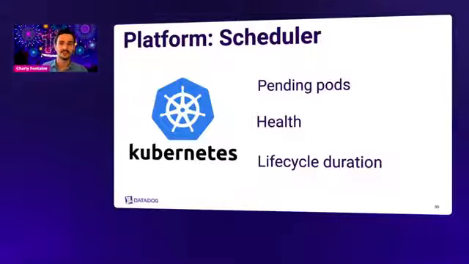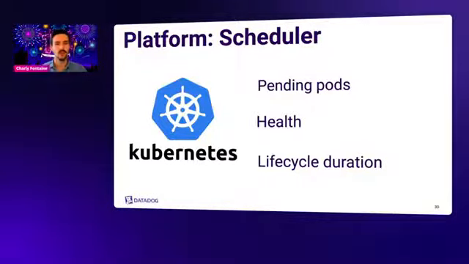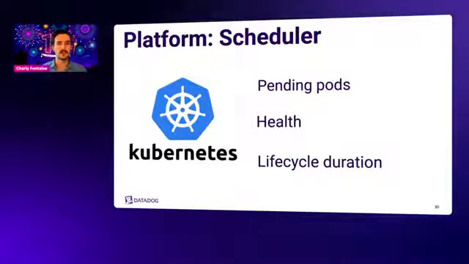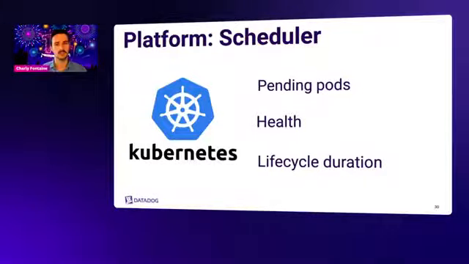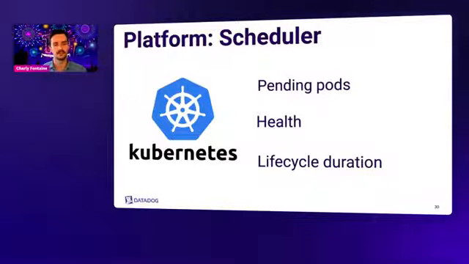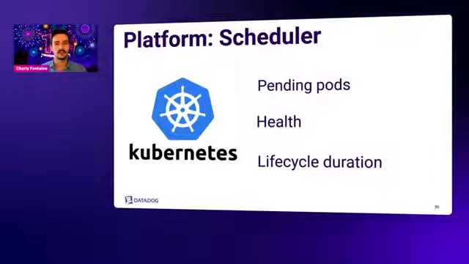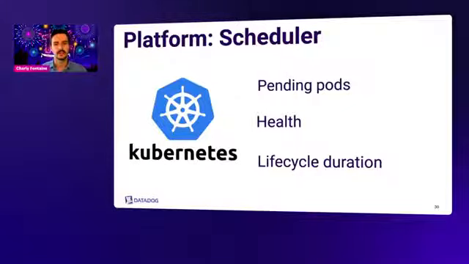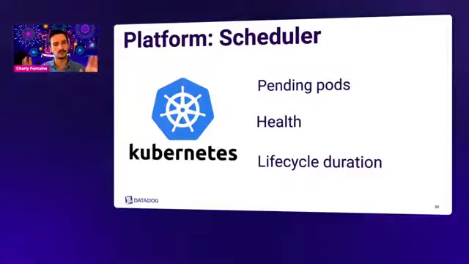So you need to extend your monitors beyond the controller loop to how many pods are pending, which means how many items does the scheduler have to work with? Why are they pending? Is it a matter of toleration, sizing issues with the requests you've put and what's available for CPU and memory? And if you can, make sure that you have an eye on how long it takes for a scheduling request to get in and up to the container to be created.